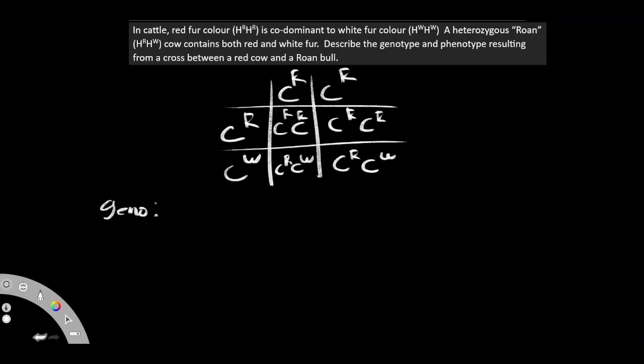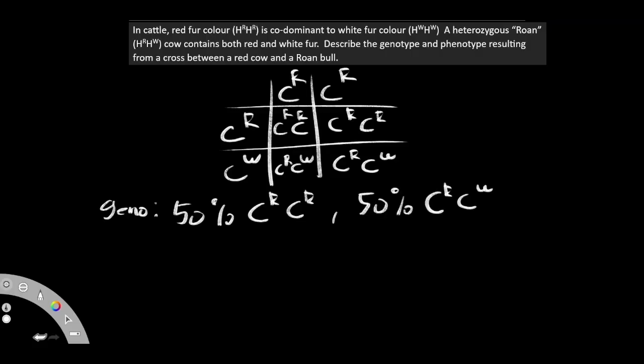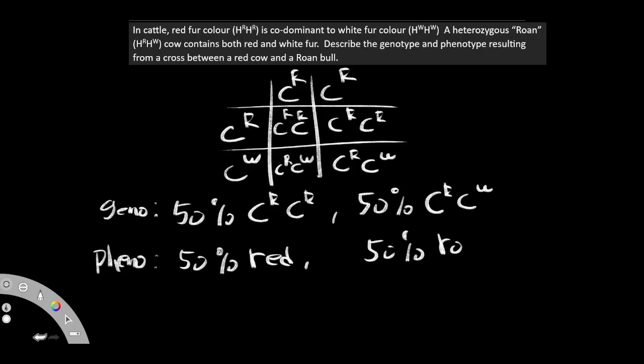You have 50% CRCR and 50% CRCW. Phenotypically, however, 50% is going to be red, so we put 50% red over here, and 50% are going to be the roan color.